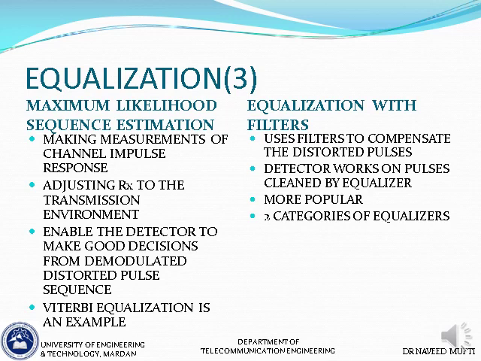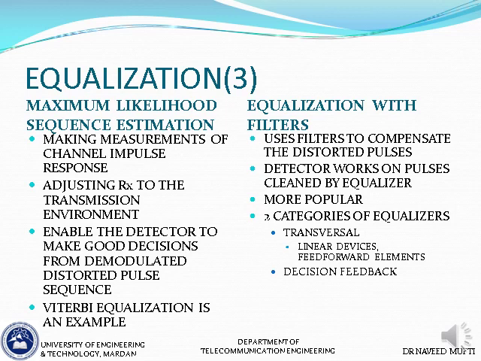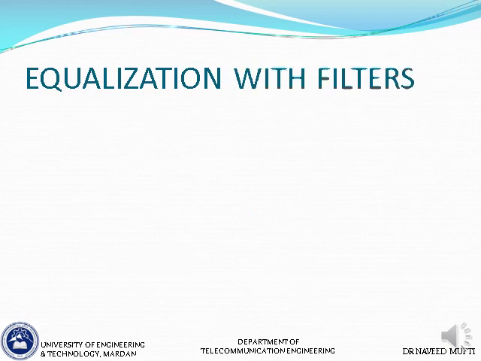Equalization with filters can be further subdivided into two categories. One is called transversal equalizers, which are linear devices with feed forward elements, and the second is called decision feedback equalizer, which, as you can probably guess, has nonlinear devices and feed forward as well as feedback elements.